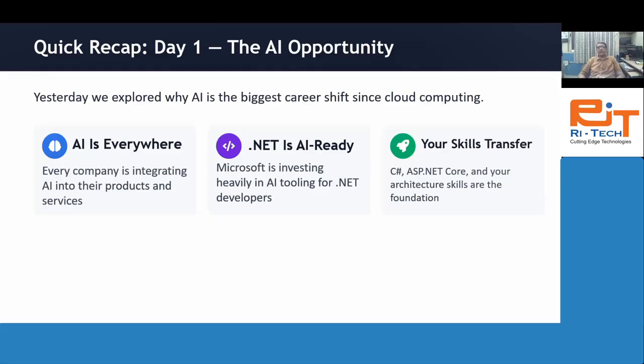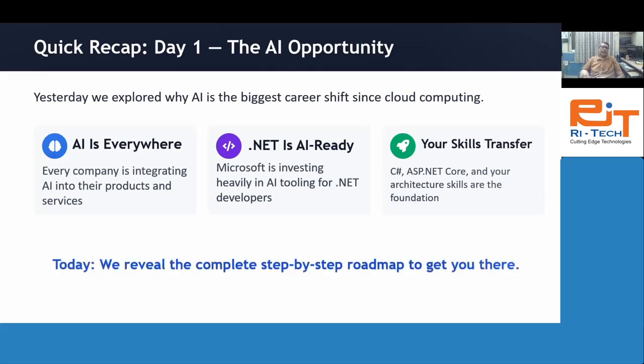So you can utilize all those skills to design, develop, test AI applications. Your skill became a foundation for an AI developer. Today we reveal the complete step-by-step roadmap to get you there.